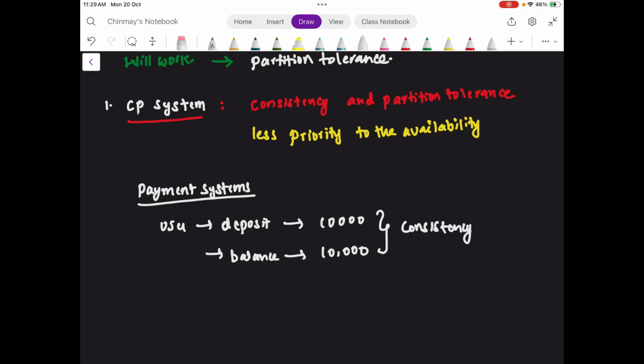Even if the application fails, for example if a user inquires a balance and the application fails, it's okay and fine. It is not that much impact compared to showing the wrong balance, right? So that's why in the payment systems, consistency and partition tolerance have a higher priority than the availability.